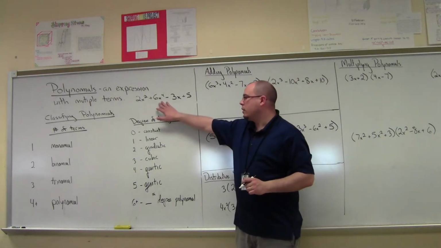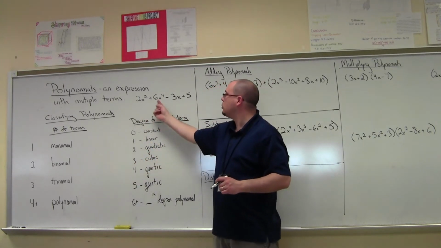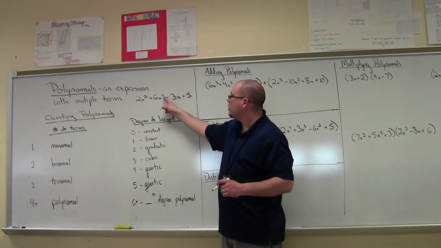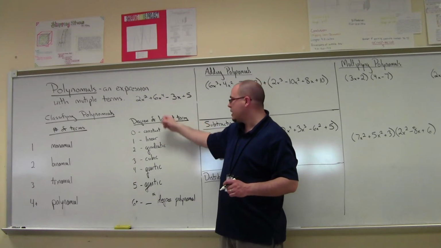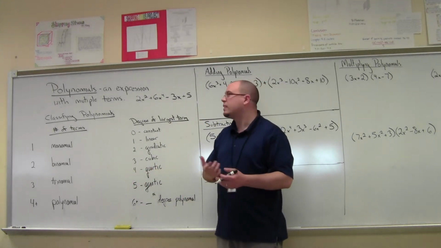What we would have here, first off, this would be a polynomial with 4 terms, because there's 1, 2, 3, 4 terms. And if we take a look, the largest exponent we have is 4. So we would say this is a quartic polynomial with 4 terms. And that's how we would say it.